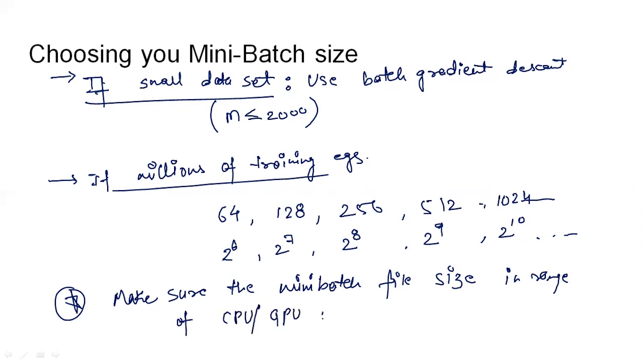Whatever mini batch you are choosing should be under the range of the CPU or GPU memory, whatever you are using for training your learning algorithm.